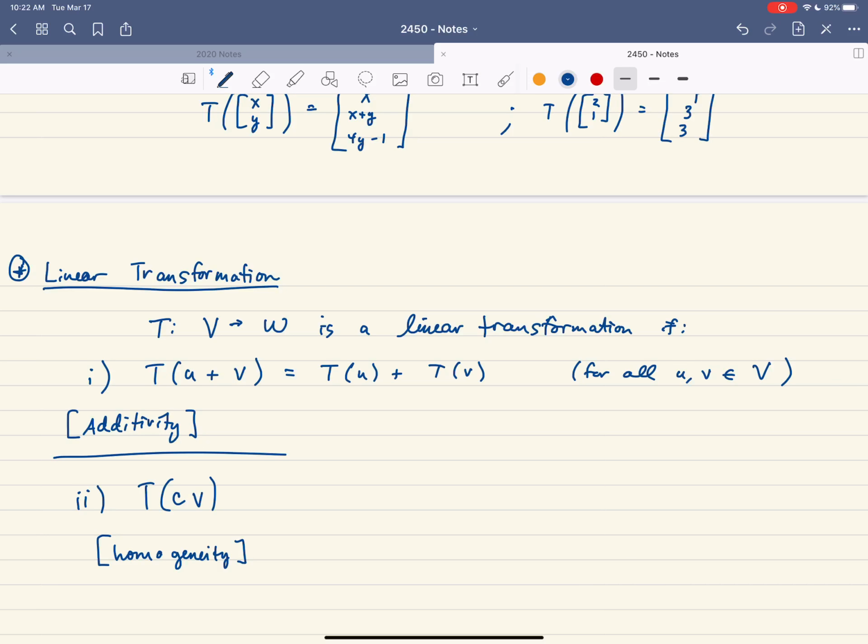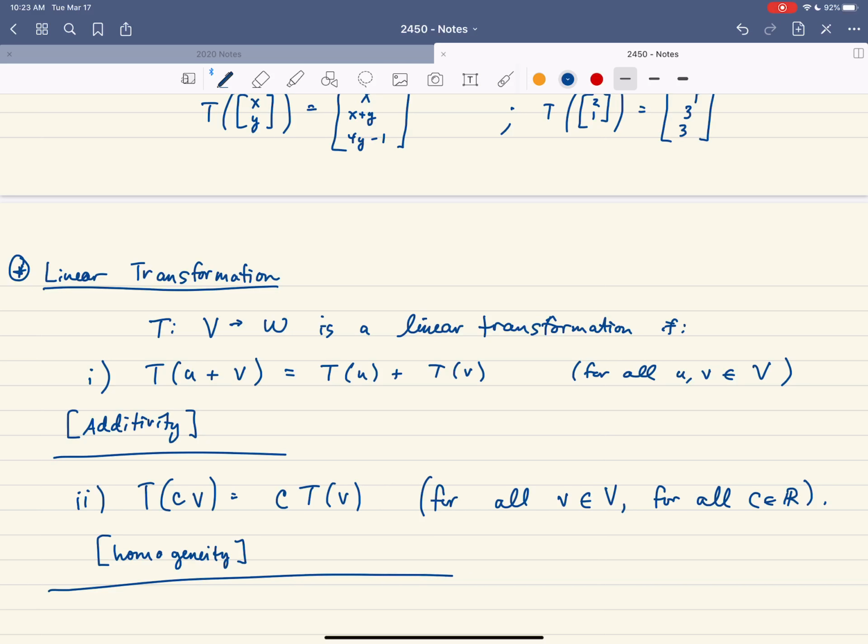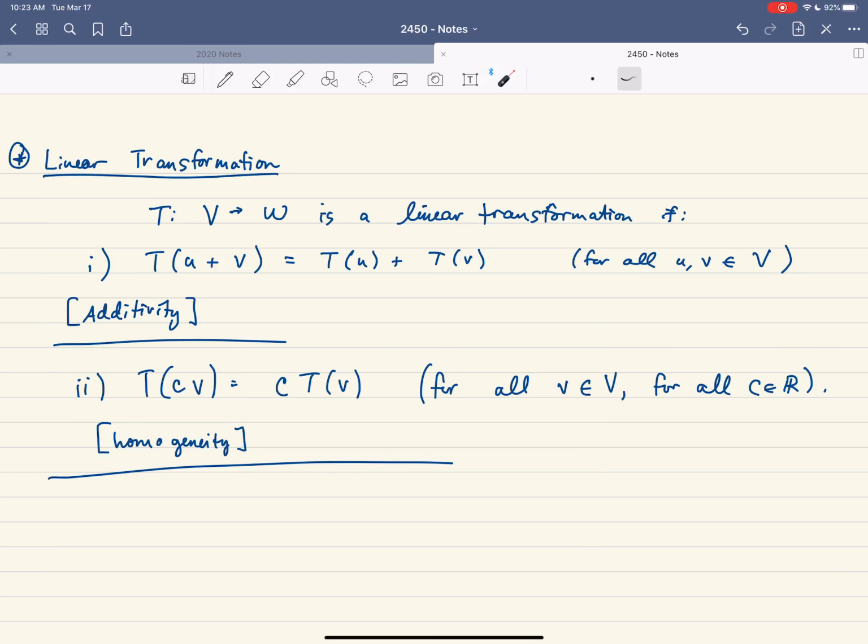And T of cv is going to be the same as c times T of v. And I want that to be true, again, for all vectors v, and for all scalars c. Okay, so again, that's called homogeneity. So if we have both of those criteria, then our vector transformation is going to be called a linear transformation. Okay, that's the big definition.